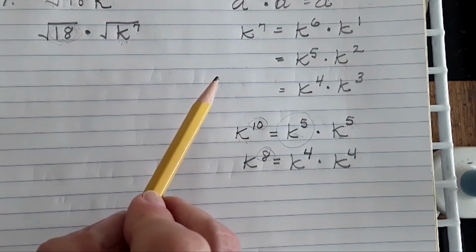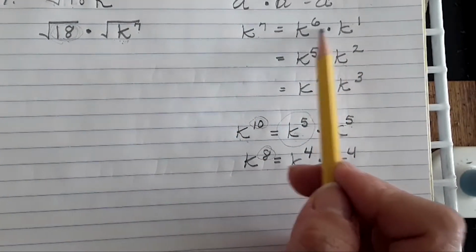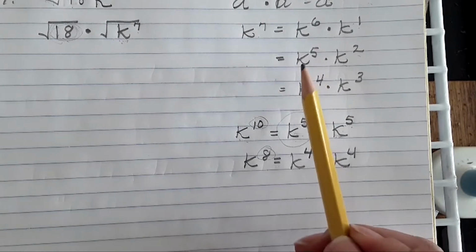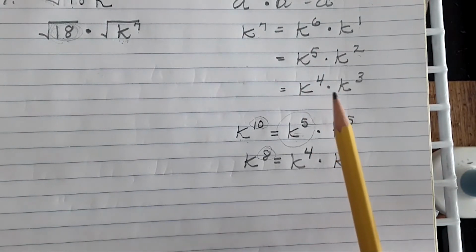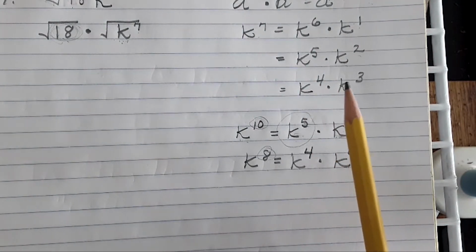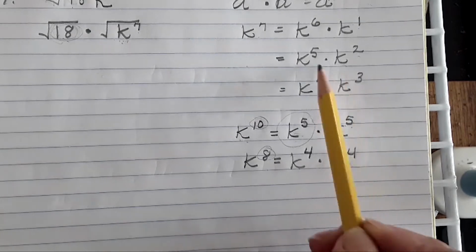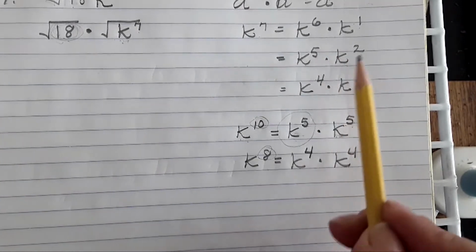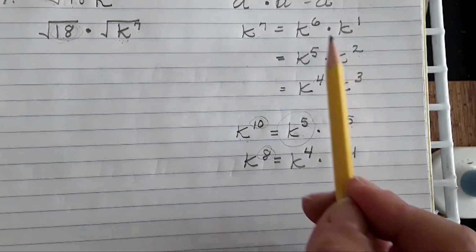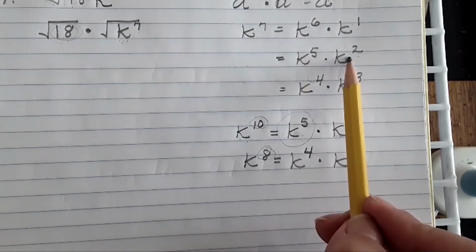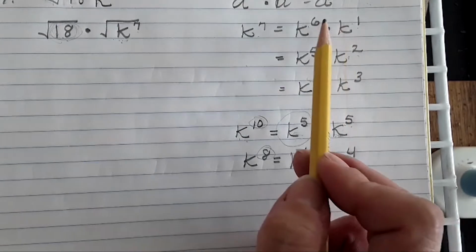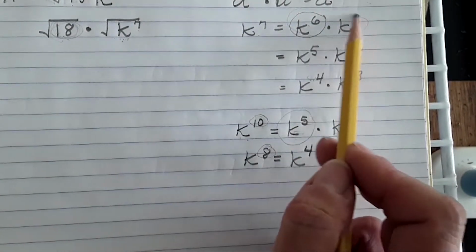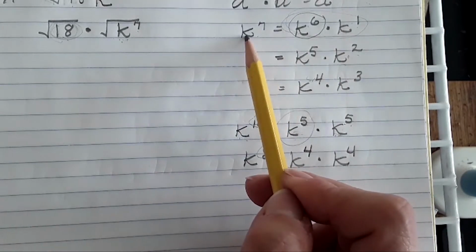So what you want to look for is how you can add two numbers so that one of them is even, because even numbers are the ones you can take half of. So I want to find the combination that has my largest even number. They all have evens, so any of these even numbers are considered perfect squares. I'm going to pick the one with the largest even number. So this is the combination I'm going to use to break down k to the 7th.